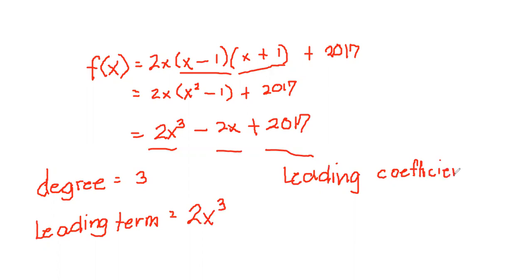Our leading term is 2x cubed, since cube is our highest exponent. So the leading coefficient, the numerical coefficient of the leading term, is 2. It is not negative, it is positive. So our leading coefficient is 2. And our constant: the constant is the only term without a visible variable. That is the constant.